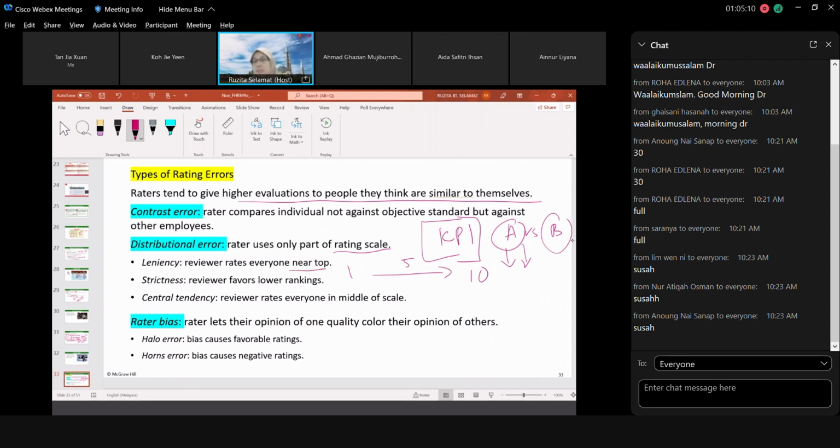Kalau skala tu 10, dia akan bagi 9 ataupun 10 sahaja. Semua tinggi-tinggi, mungkin antara 8 hingga 10. 8 paling rendah. That is leniency error, when actually employee performance mungkin pada tahap 5 ataupun 6 sahaja. Disebabkan terlalu lenient.